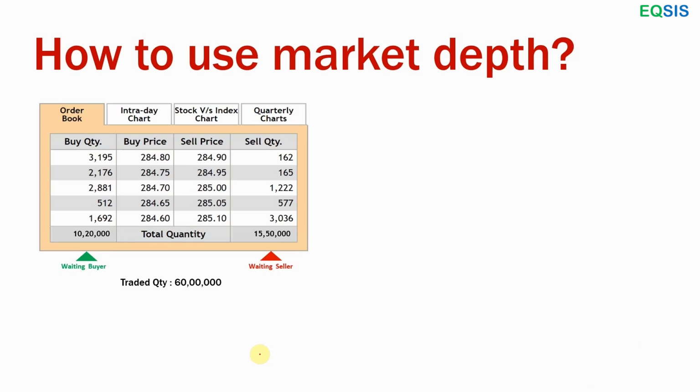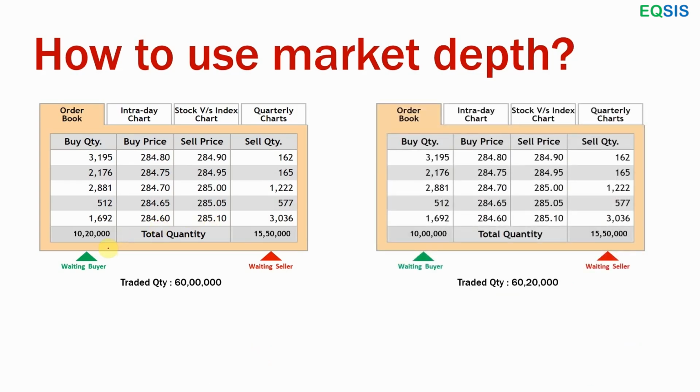But look at this particular scenario. So far there were 10,20,000 buyers, now it is only 10 lakh buyers. It means 20,000 buyers disappeared. My question is, what happened to these 20,000 buyers? Meanwhile, the sellers remain the same, no change in sellers.